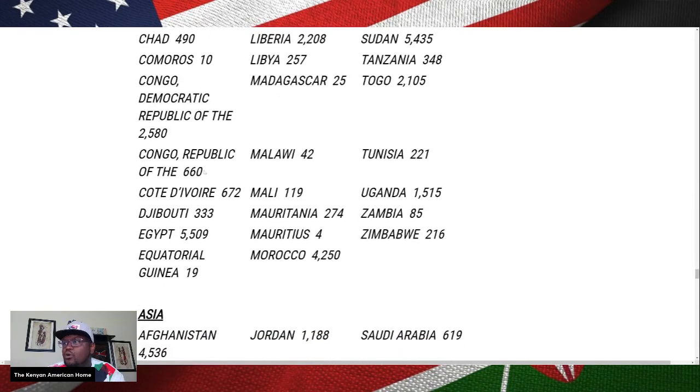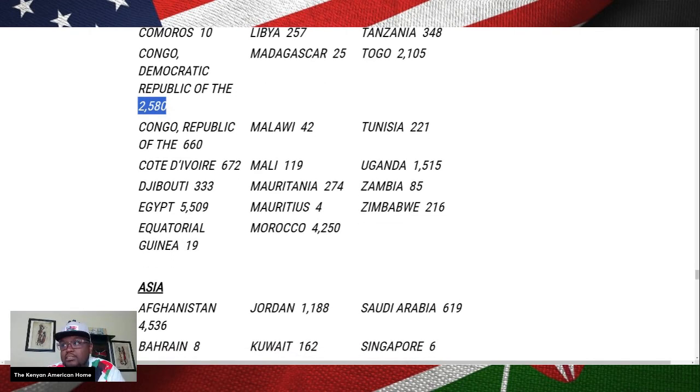Let me see Congo. Yeah, so DR Congo, the Democratic Republic of Congo, they went really down. In DV 2023, they had 4,300, and it went down to 2,500. So they went down by close to 2,000 people, which, I don't know why it went down by that much.